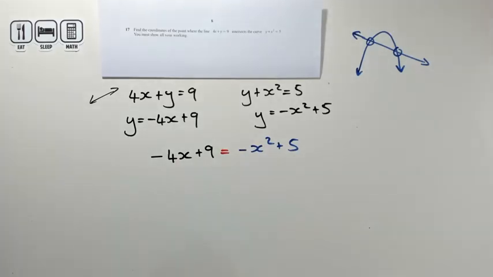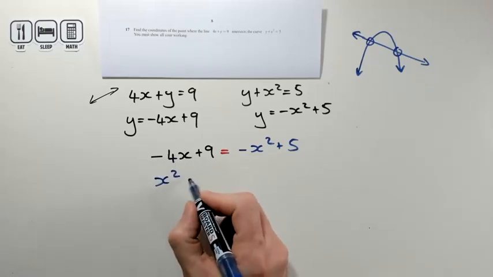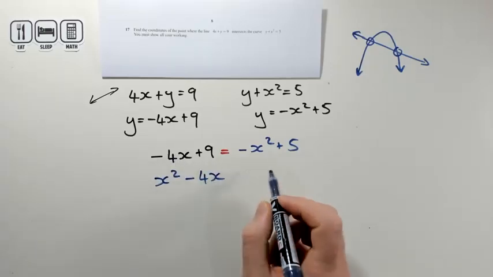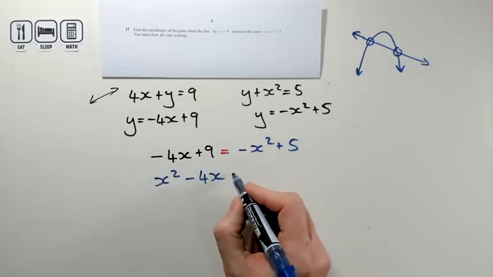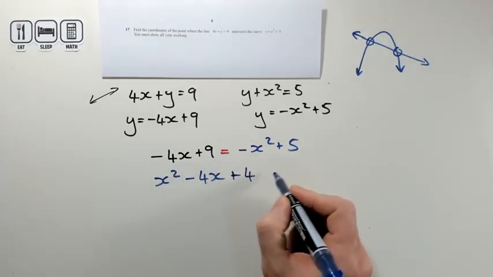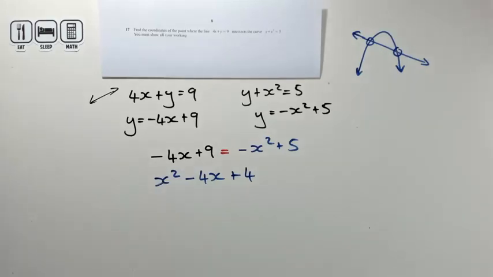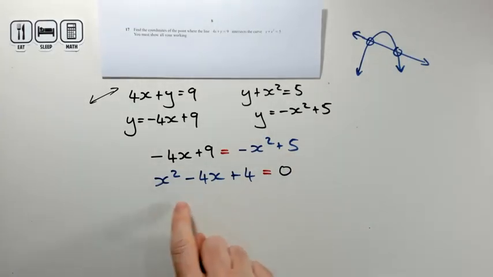So it's going to be x squared. This stays negative 4x. And 5 minus 9 is 4, and that's all equal to 0.